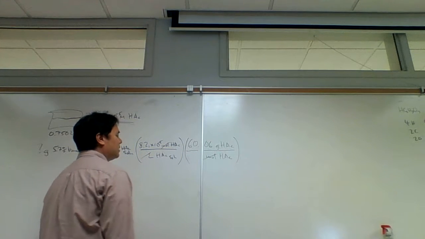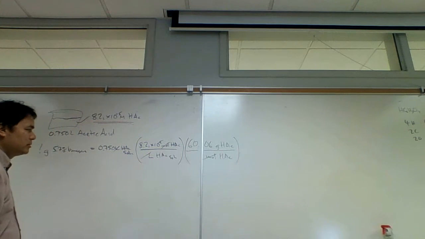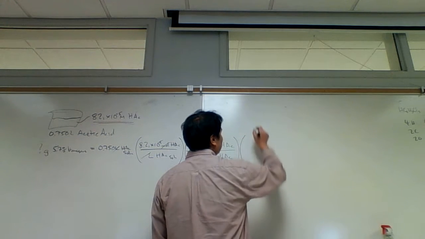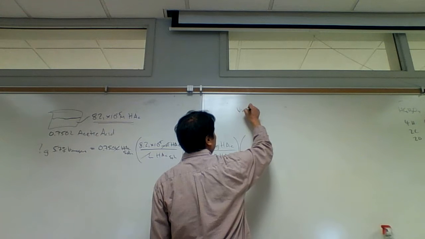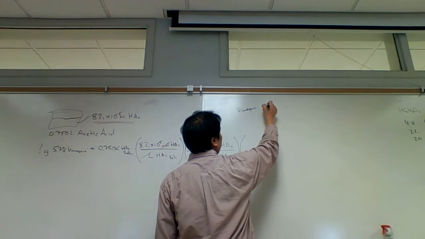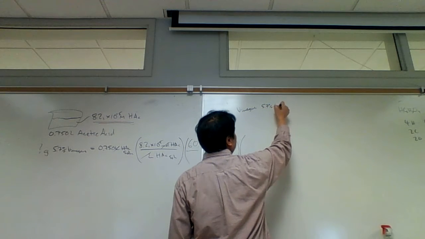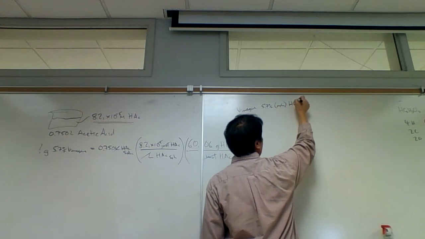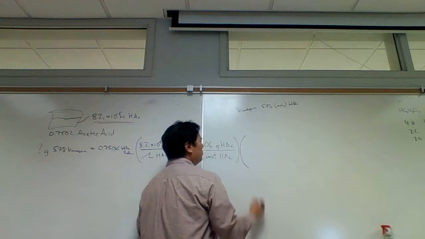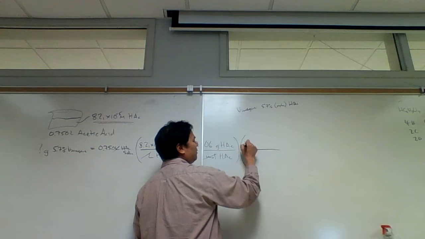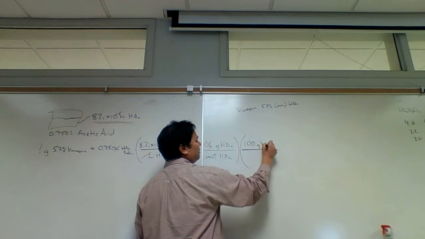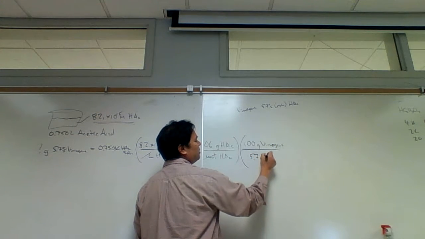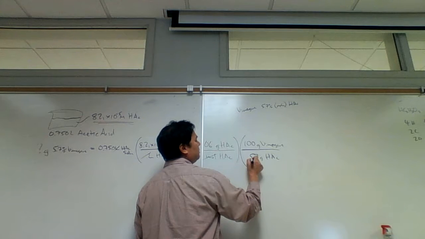So moles of pure acetic acid cancel, leaving us with grams of pure acetic acid. And then I have this one, vinegar. This particular vinegar is 5.7% by mass acetic acid. And so what that means is this: for every 100 grams of vinegar, I have 5.7 grams of pure acetic acid.